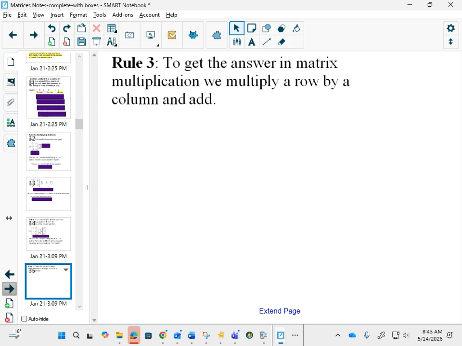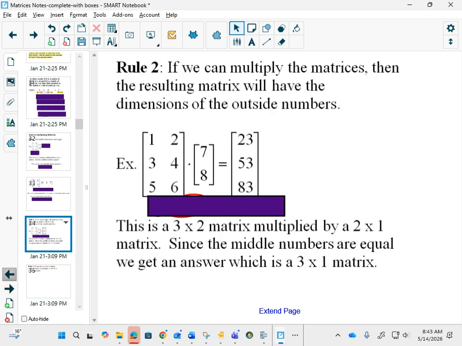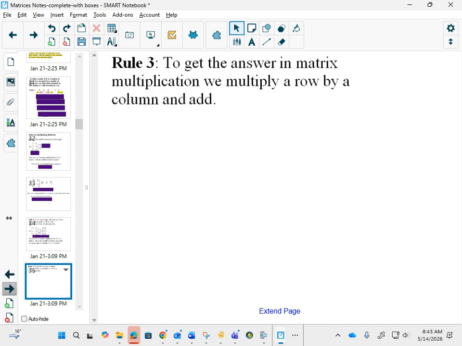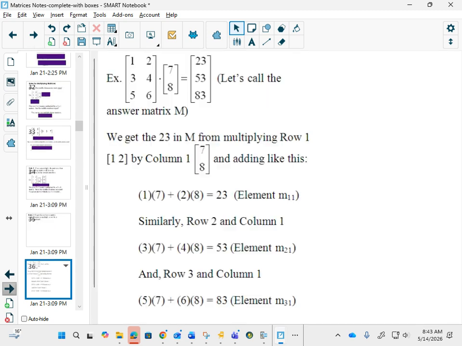So in each of these examples, you've got the answer there. Now, rule number 3, to get the answer, we multiply a row by a column and add. So, to get the 23, and I'm going to color code this for you.